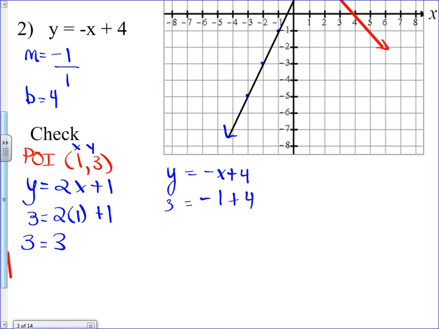Okay, again, nothing to do on my left-hand side, so I leave it as 3. What do I get on my right-hand side, Vic? Yep. So 3 equals 3. You've checked it with both equations. That is the solution. 1, 3 is your solution. Any questions?